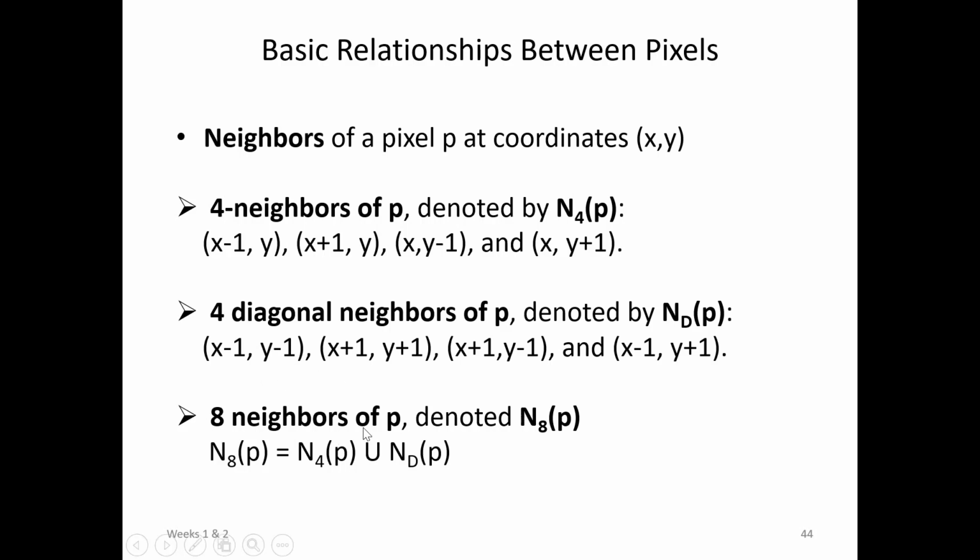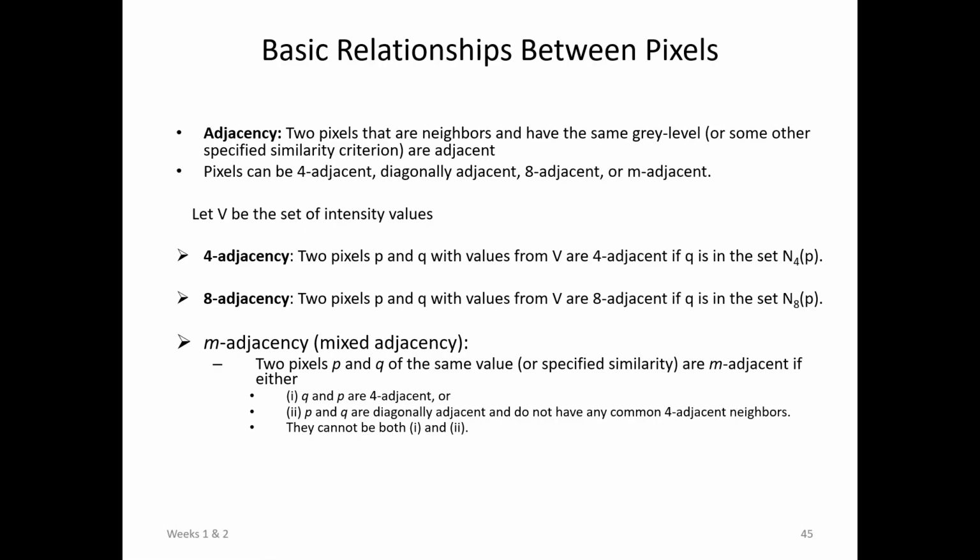Eight neighborhood pixels means the maximum closest neighborhood pixels can be only eight, with the combination of four neighborhood pixels and four diagonal neighborhood pixels. If we combine these two types of pixels, we obtain eight neighborhood pixels. So this is about the neighborhood pixels.